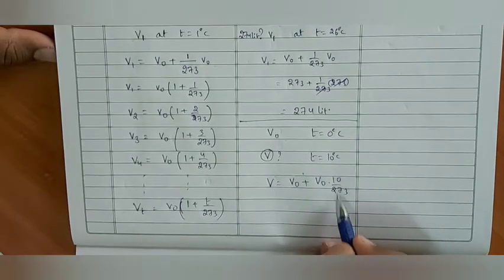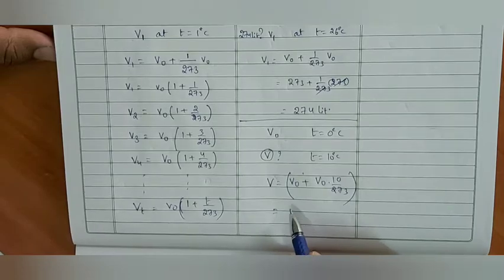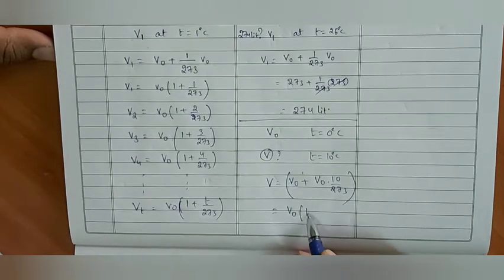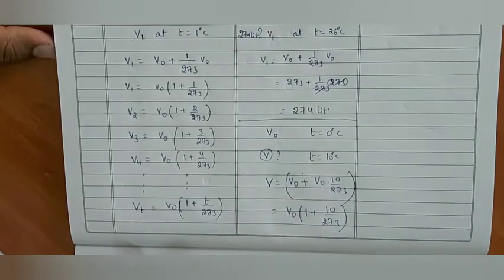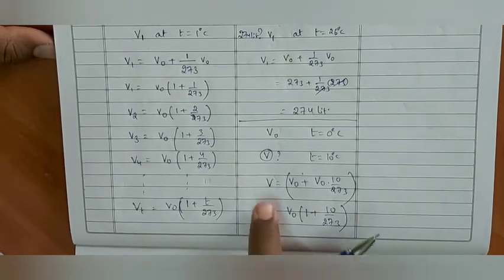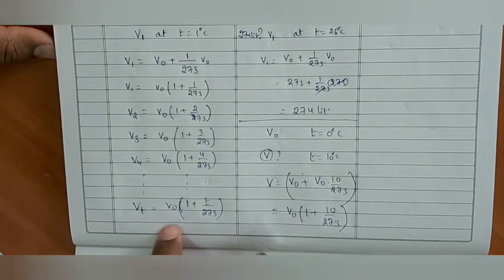Here 10 is there, na? That 10 simply we can write as 10 by 273. Let us take V naught common: 1 plus 10 by 273. This is about final volume V. Like that we are going to calculate any sort of volume.